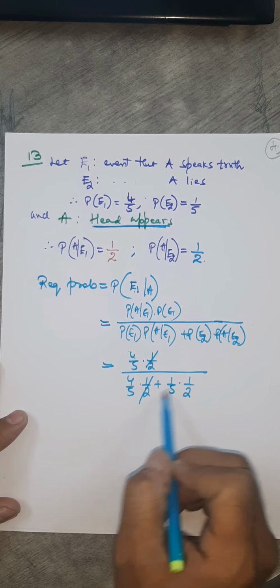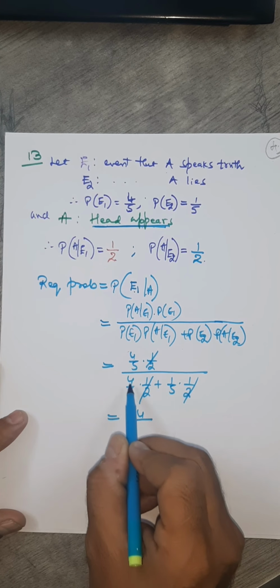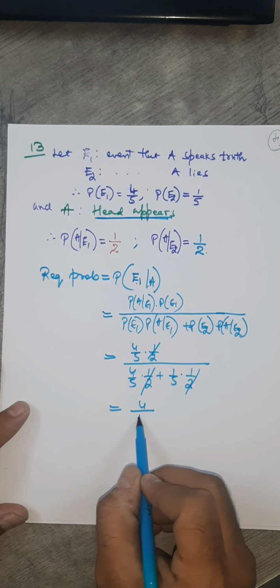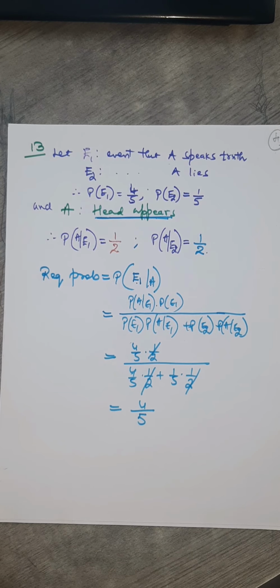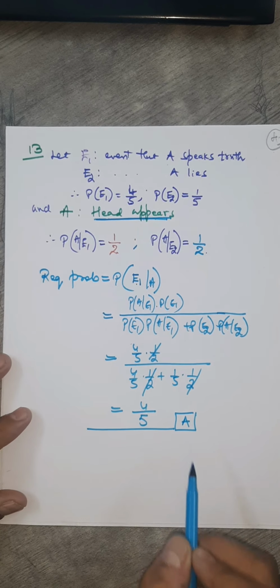So you can take the 1 by 2 common and it will get cancelled. 5 will get cancelled. So here you are left with 4 and this is plus 1, so this is 5. So we finally get 4 by 5. And that is nothing but option A.